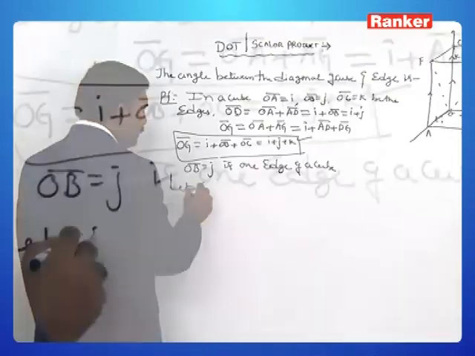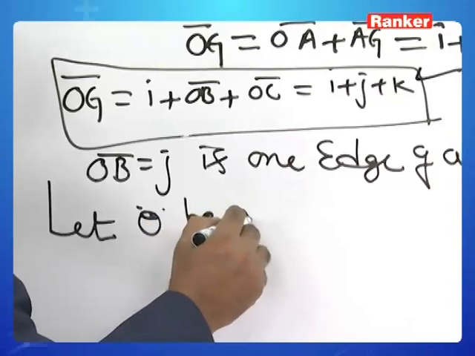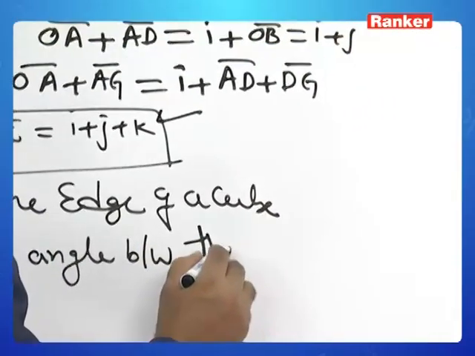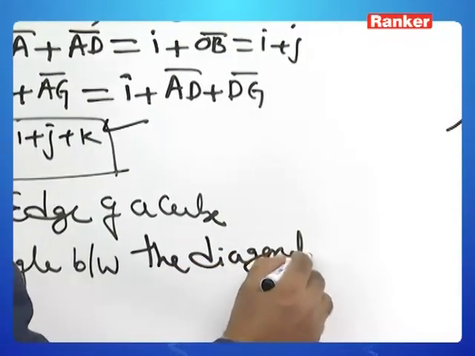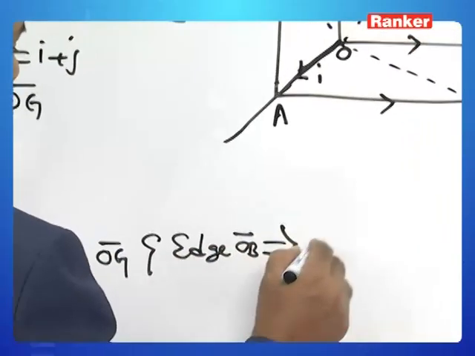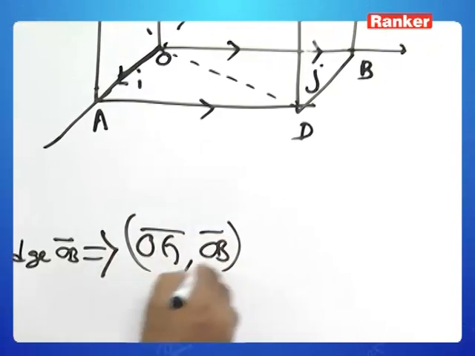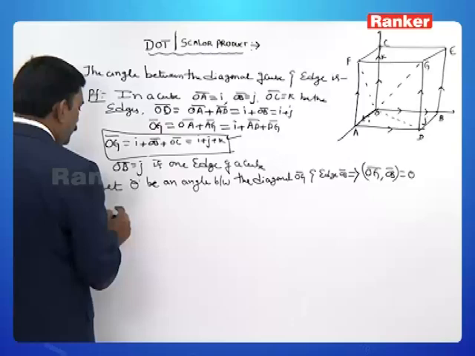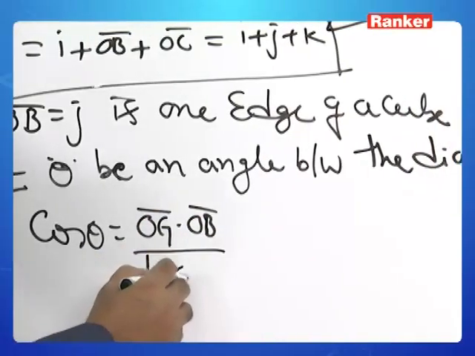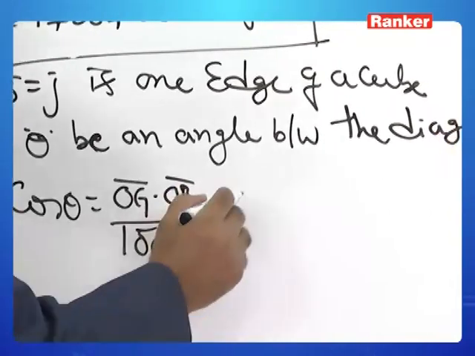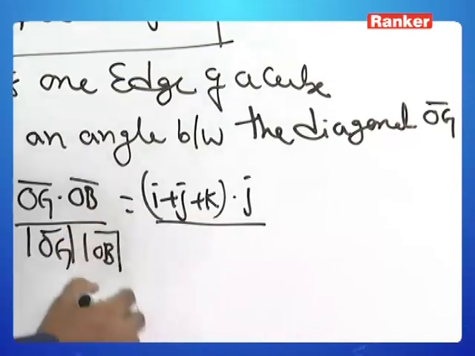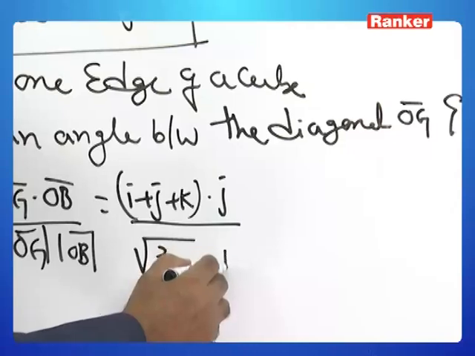Then let theta be the angle between the diagonal OZ bar and the edge OB bar, which implies the angle between OZ bar and OB bar is theta. So cos theta is equal to, by using dot product, OZ bar dot OB bar by modulus of OZ bar into modulus of OB bar. That is I plus J plus K dot J by modulus of OZ bar, which is root 3, and modulus of OB is 1.